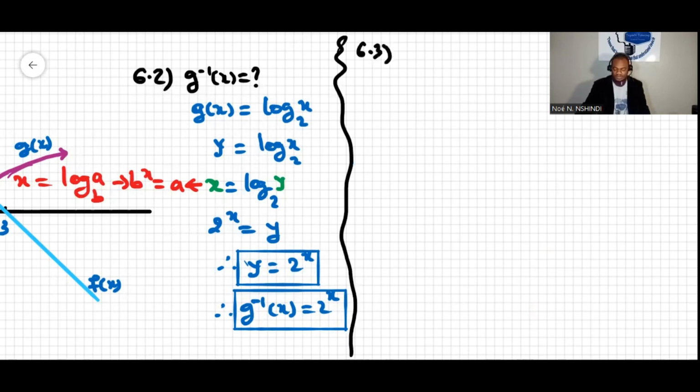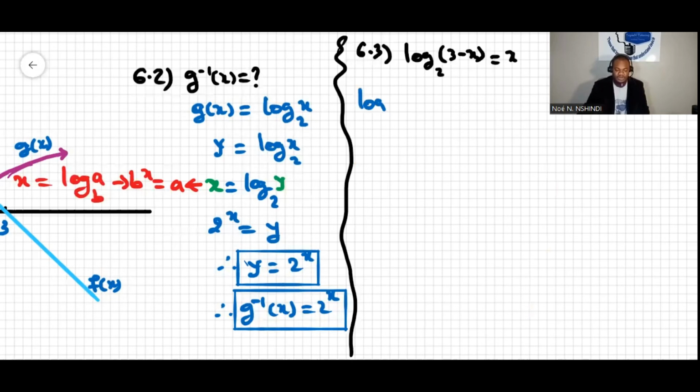6.3. Now it is given that we need to explain how we're going to solve log of 3 minus x base 2 equal to x. Explain how we can use 6.1 or 6.2 to solve this.